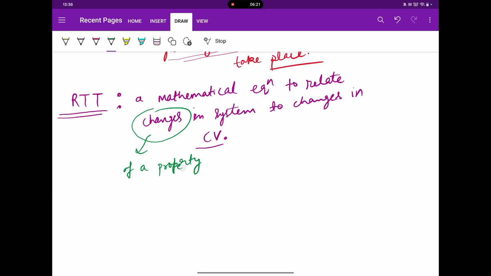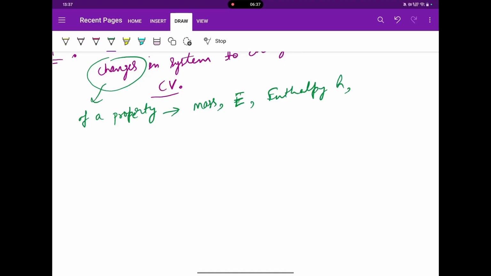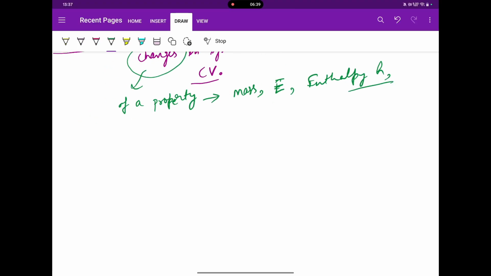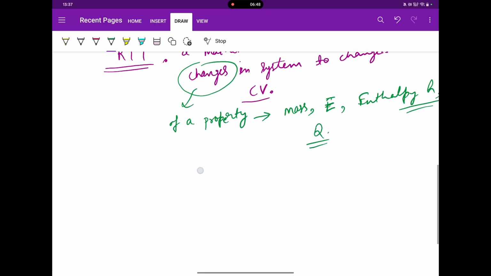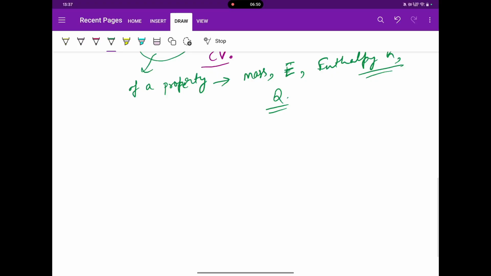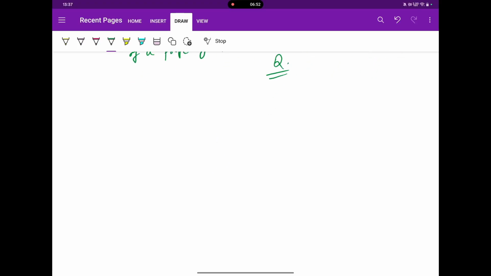Property could be mass, energy, enthalpy, maybe small h, but in fluid mechanics h is the pressure head or potential head. So enthalpy and heat, something like this. Now let's start that expression.